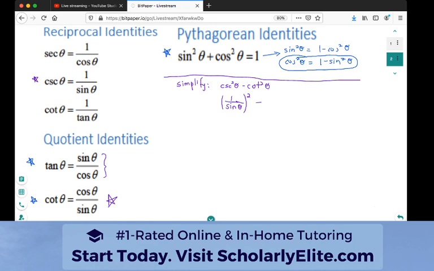And then cotangent of theta is another way of saying 1 over tan squared theta. I'll put this up here for now. The reason I'm showing it like this is to illustrate that in this next step this is the same thing as 1 over sine squared theta minus 1 over tan squared theta.